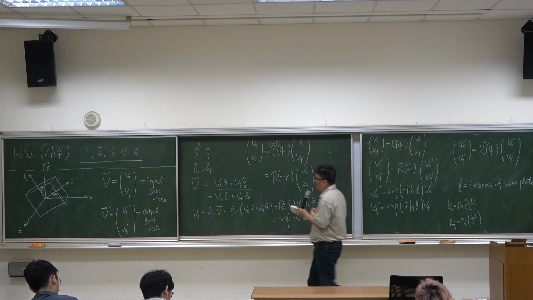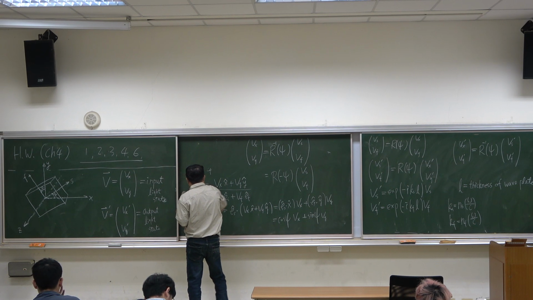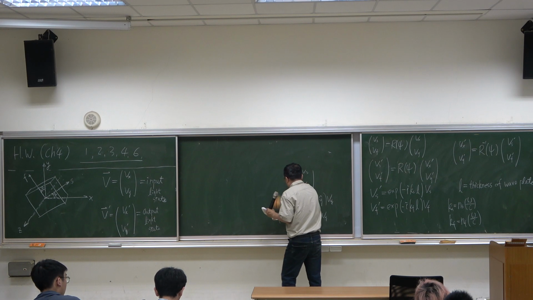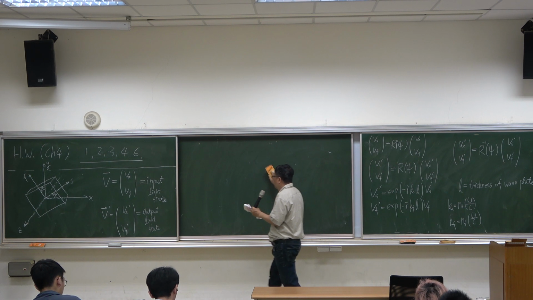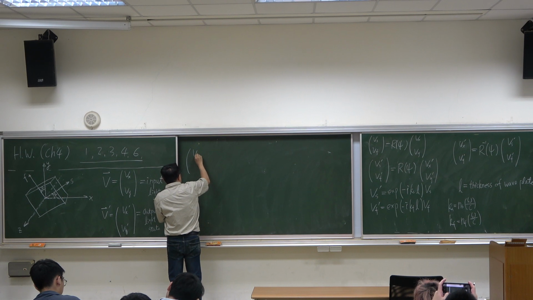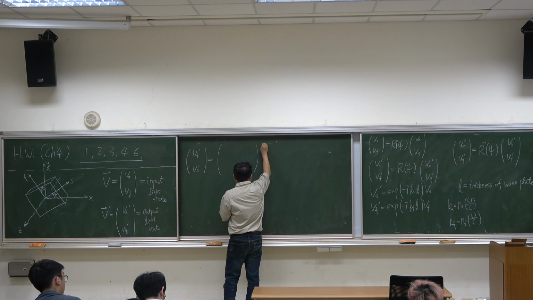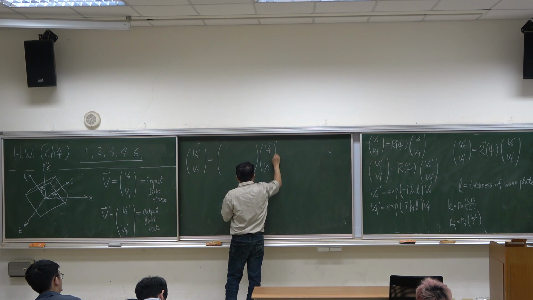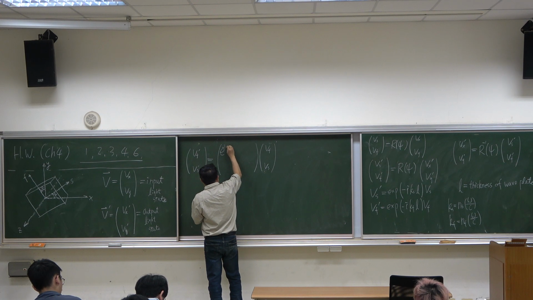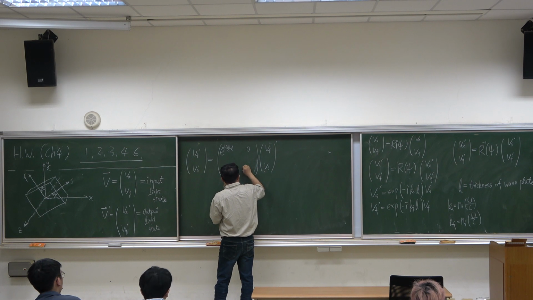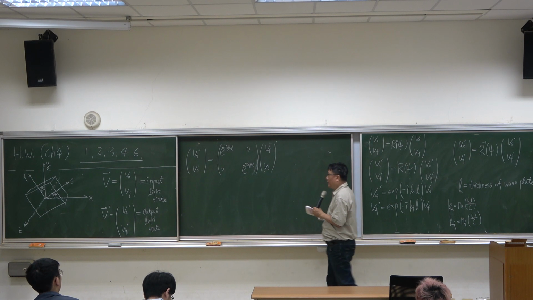So Vs prime is related to Vf, Vs through this relation: the matrix with diagonal entries exponential minus i Ns omega over c times L, and exponential minus i Nf omega over c times L, and zeros off the diagonal. Okay.